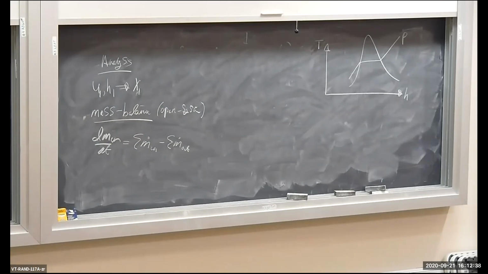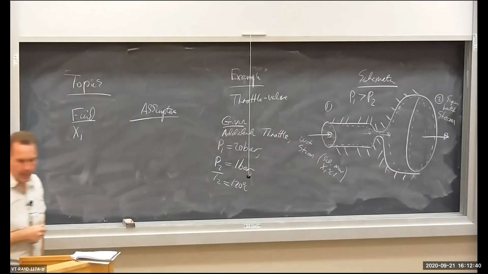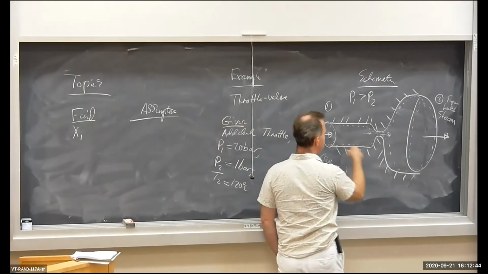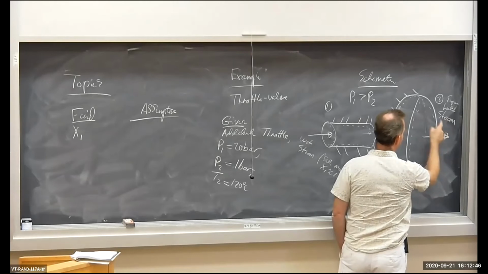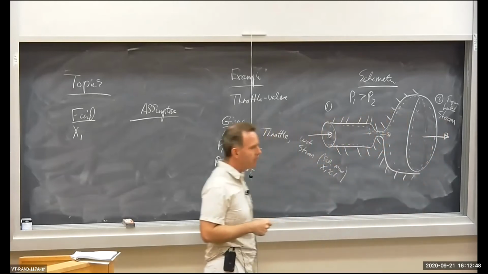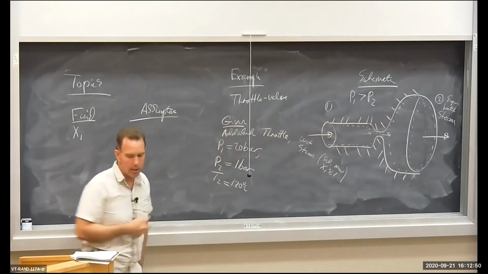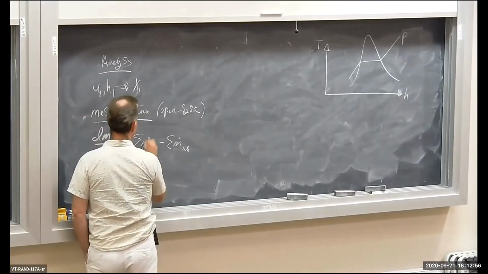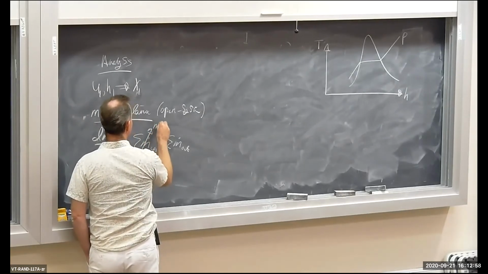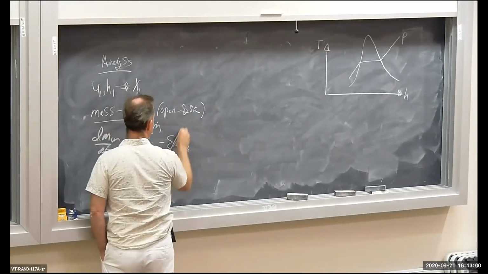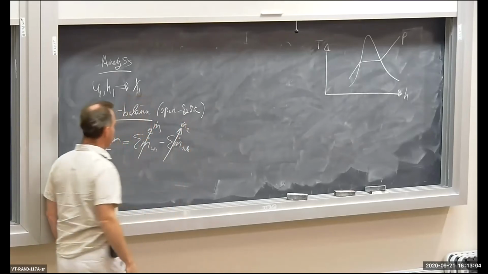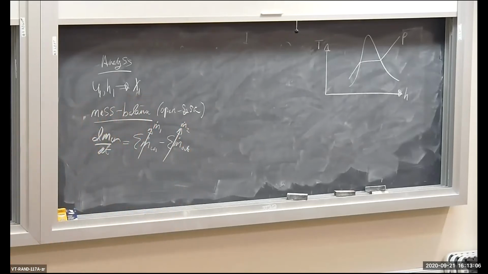Now, first of all, how many inlets and outlets do we have? We got one inlet where the wet steam comes in, and one outlet where our superheated steam comes out, at location 1 and location 2. So these summations collapse to one term: the m dot at location 1, the inlet, and the outlet m dot at location 2.